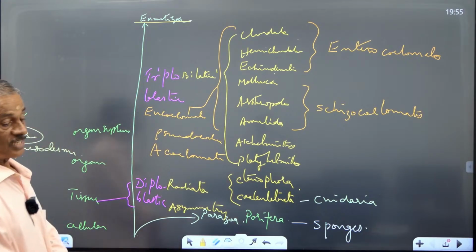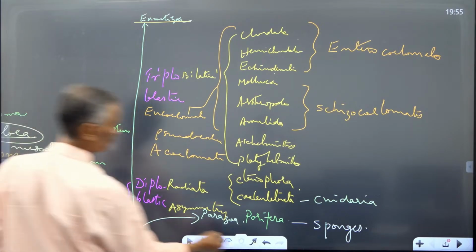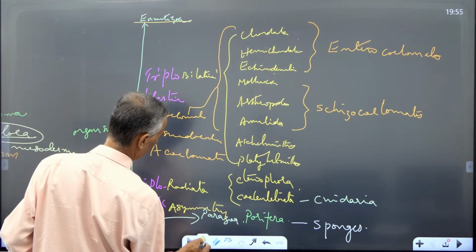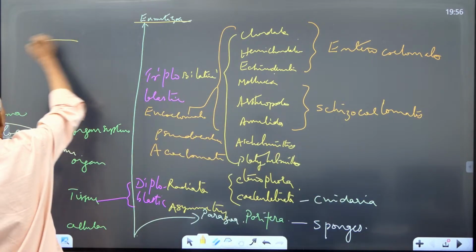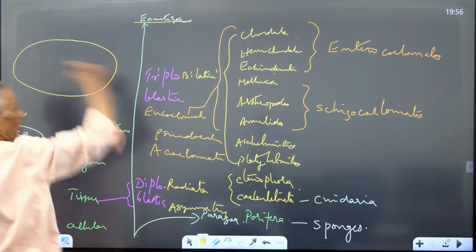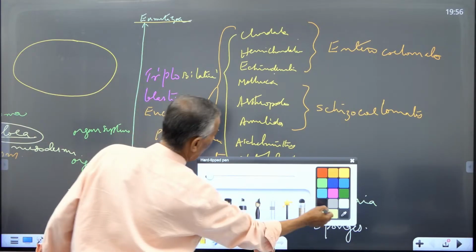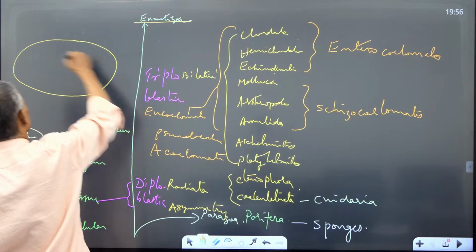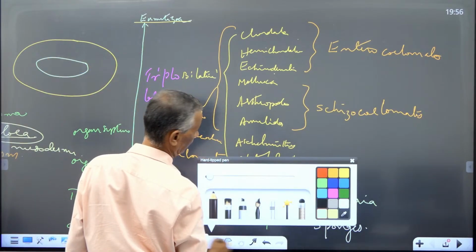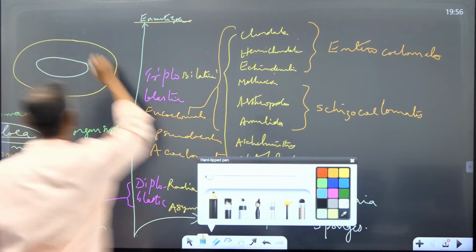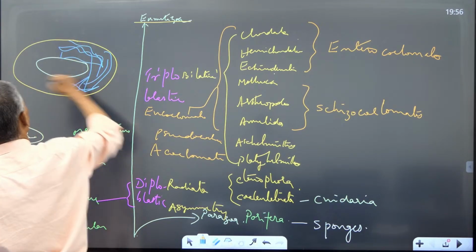So what is their nature? The entire space between the body wall and alimentary canal, suppose this is the body wall and this is the alimentary canal, is filled with a parenchymatous tissue developing from mesoderm.